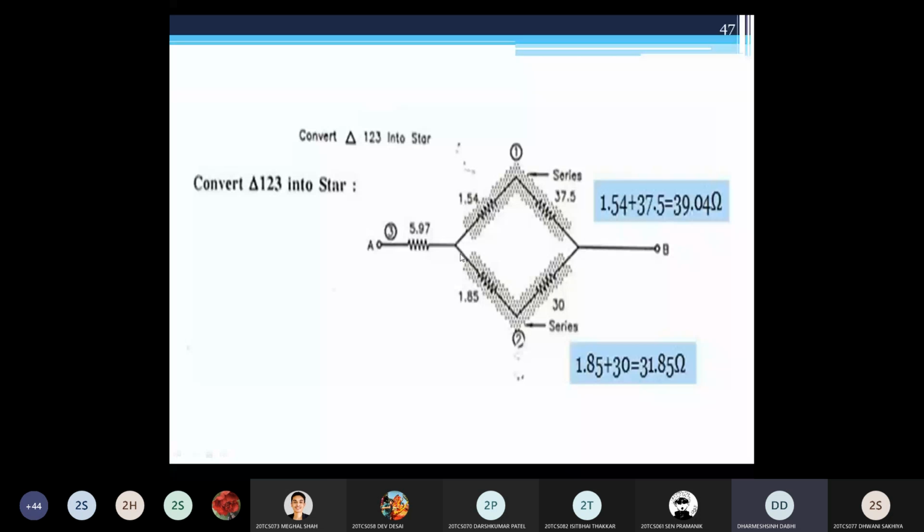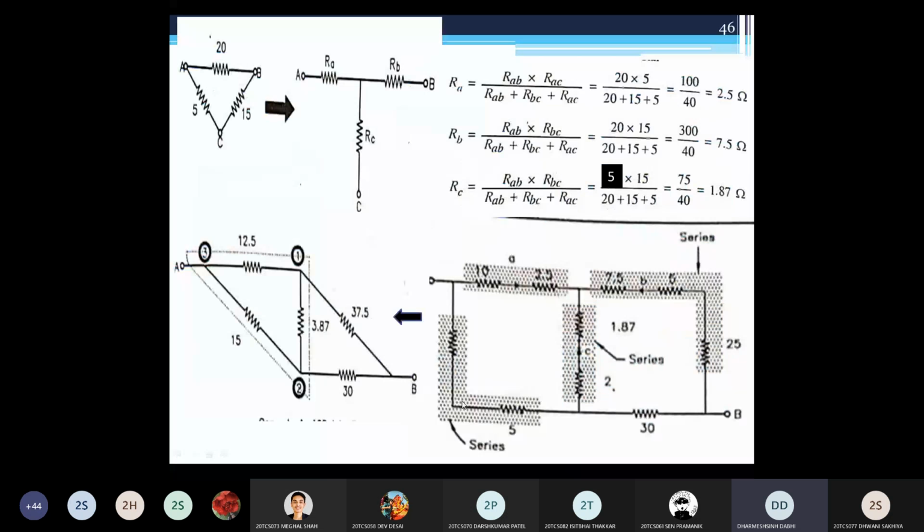I'm talking about this circuit, only this portion. Clear? This portion is as it is. This automatically comes into series with 1.54 and 1.85. And here point B is connected. You can see in the original figure, 37.5 and 30 ohm. Both are connected with the point B. Clear? That part is as it is.